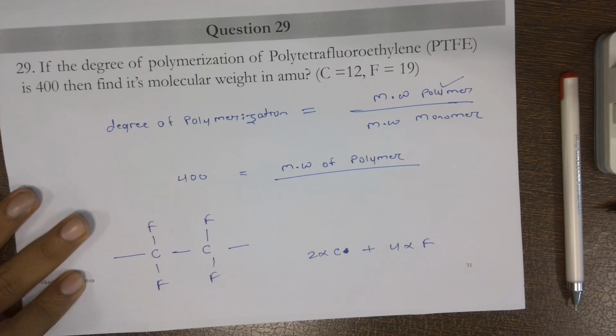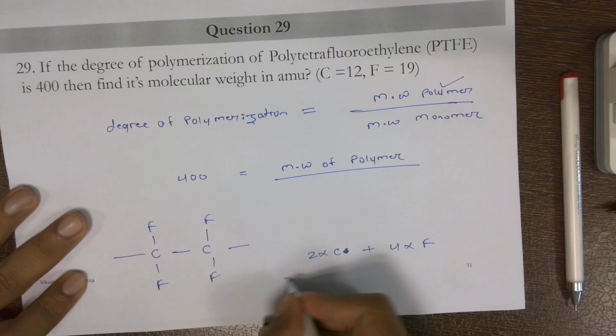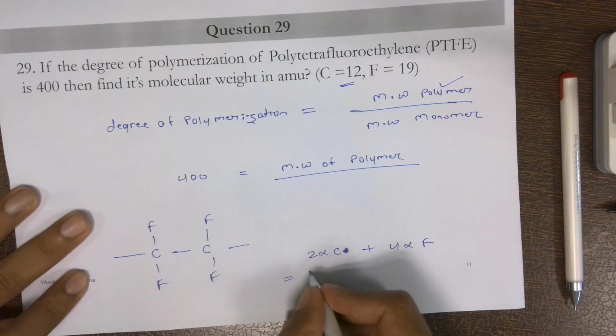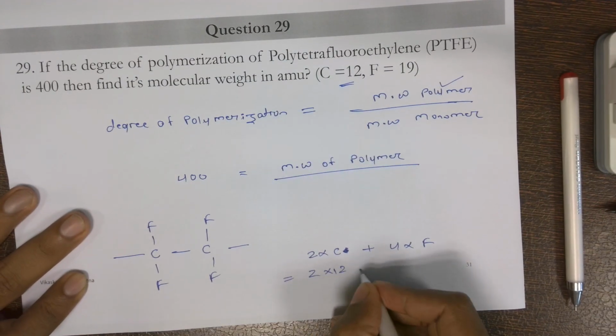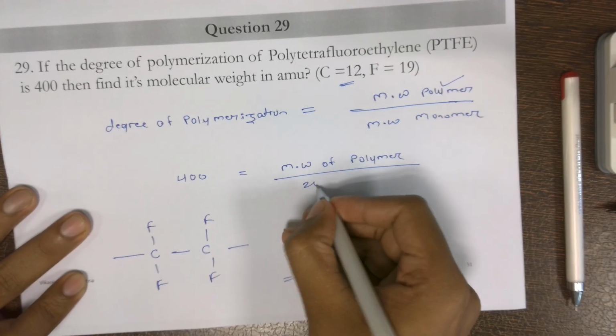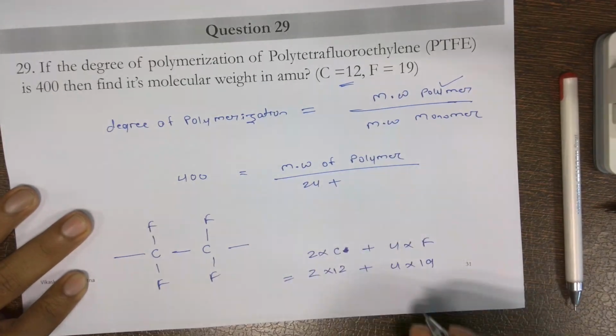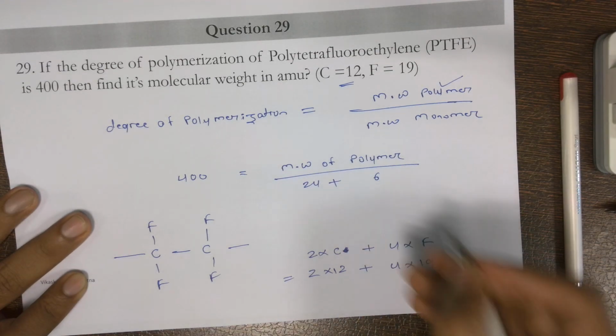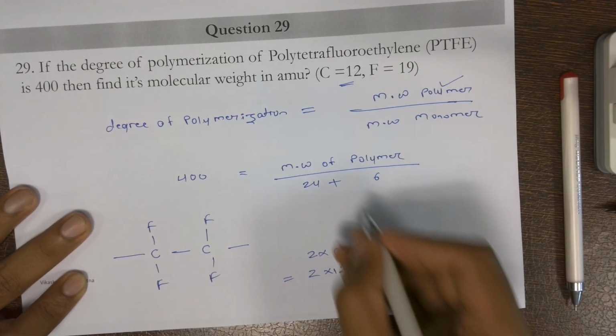This will be the molecular weight. Carbon is given by 12, fluorine is given to us as 19. So 2 into 12 plus 4 into 19, that is 24 plus 76.